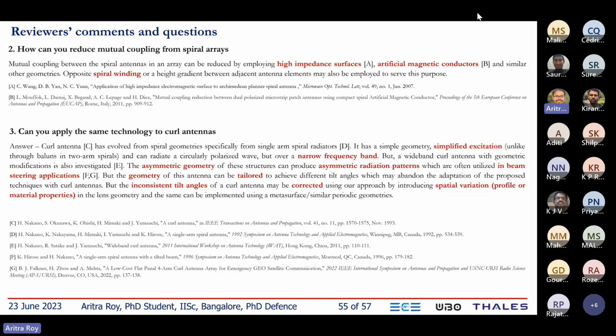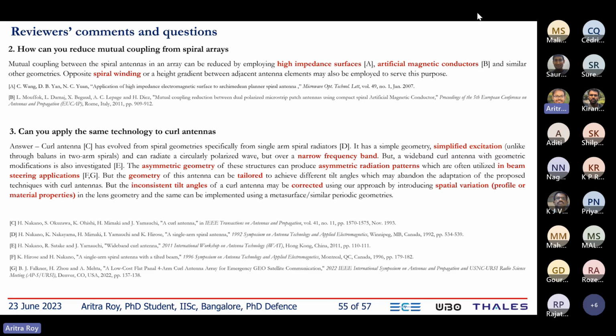Another question is, can we apply the technology to curl antennas? The curl antenna is a development from a single-arm spiral antenna, which was developed to feed the spiral geometry without a balun. In a curl antenna, it is an asymmetric geometry, so it already has a tilted pattern. The problem is the tilt angle is not consistent with frequency.